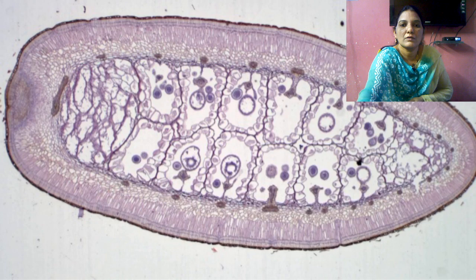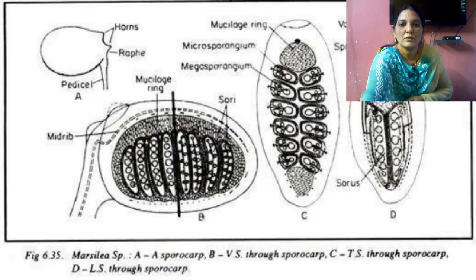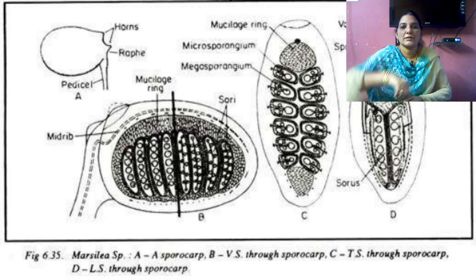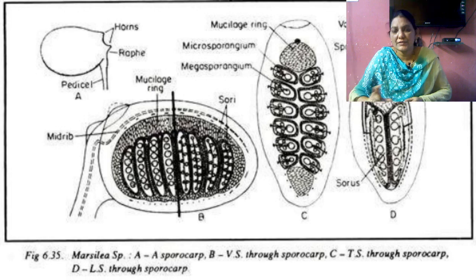That is called the indusium. 20 sori are there. We can see on both sides, two rows of 10 sori, 20 sori arranged in two rows.